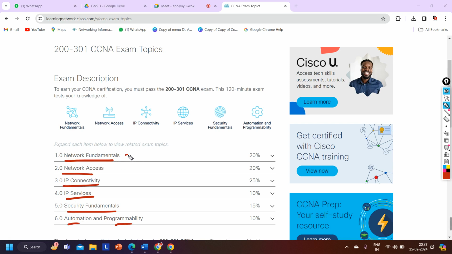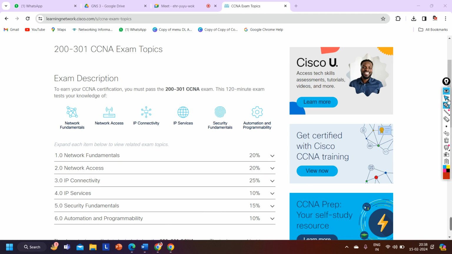The main portion is the first one, network fundamentals, 20%. Network access, again 20%. IP connectivity, 25%. IP services, 10%. Important, right? Security fundamentals, 15%. And automation and programmability, 10%.